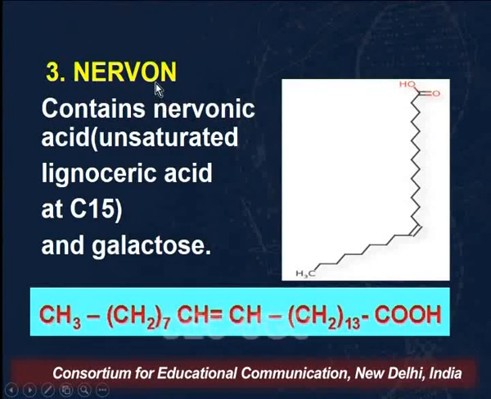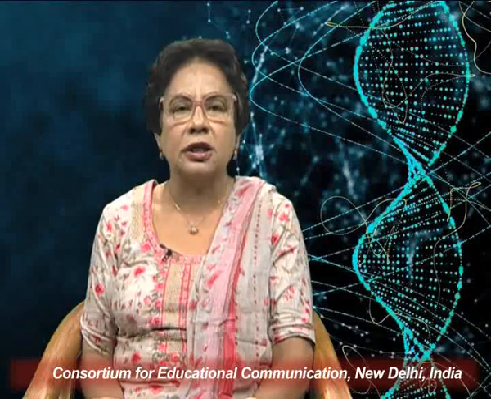The next cerebroside is nervon. How does nervon differ from the other two? It has an unsaturated lignoceric acid, and we have unsaturation at C15, as you can see on your screens here. The double bond is between C15 and C16. This is your 13th carbon, this is your 14th, this is the 15th carbon, and here we have a double bond.